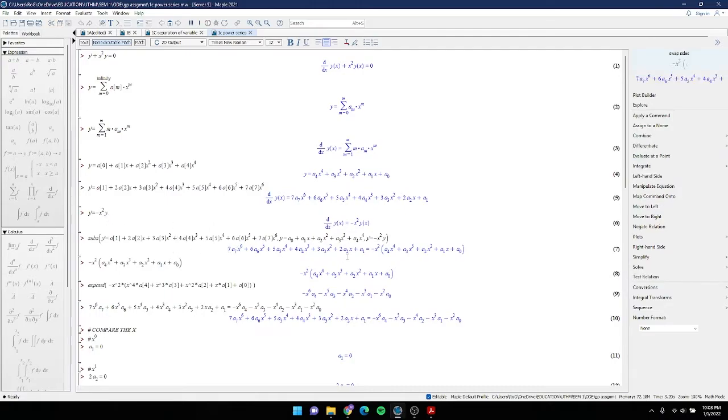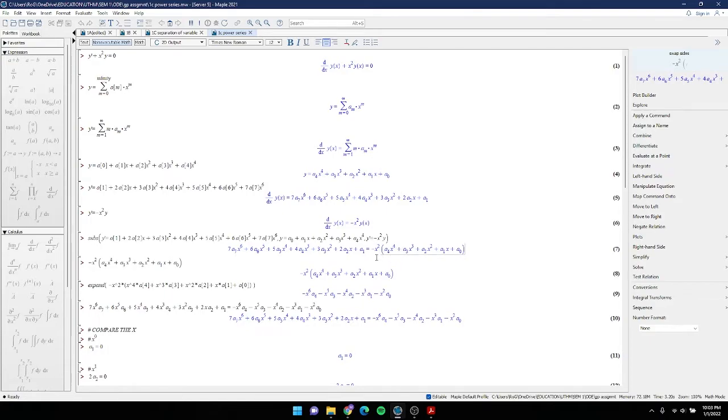Then we get a1 plus 2a2x plus 3a3x squared plus 4a4x to the power of 3 plus 5a5x to the power of 4 plus 6a6x to the power of 5 plus 7a7x to the power of 6 equals negative x squared times a0 plus a1x plus a2x squared plus a3x to the power of 3 plus a4x to the power of 4.